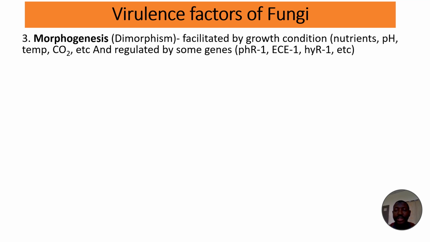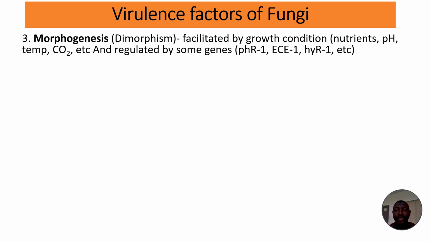Whereas the transition from mold to yeast is mostly an adaptive mechanism developed by the pathogenic fungi against the harsh environmental conditions of the host, such as change in temperature, pH, and nutrient, etc. This morphogenesis, as I said, is very important in fungal pathogenesis because dissemination of pathogenic fungi is mostly achieved in yeast form than in mold form.